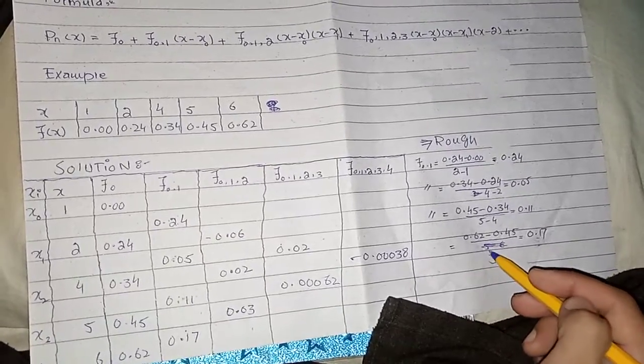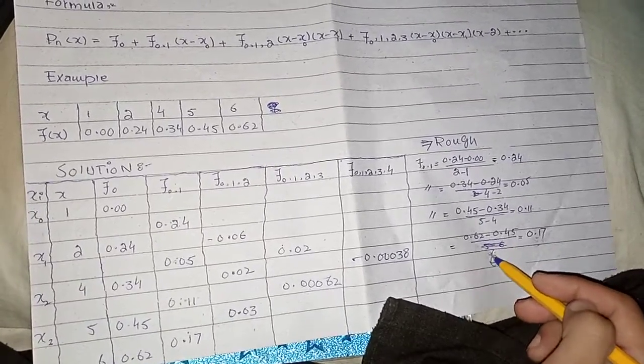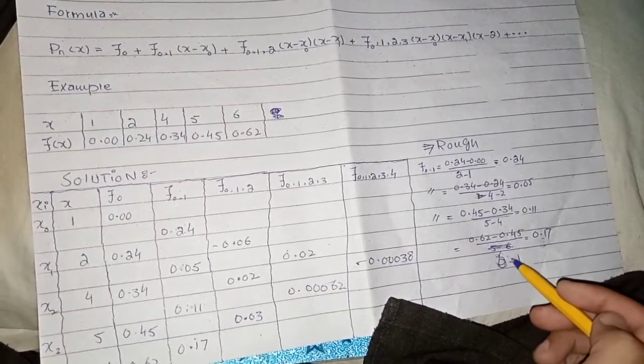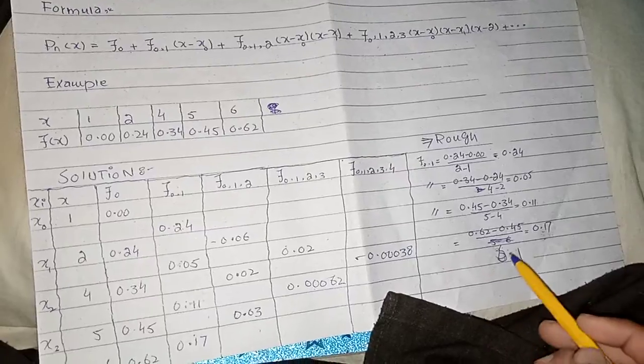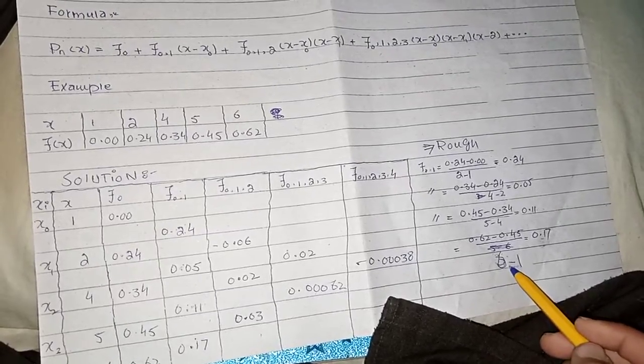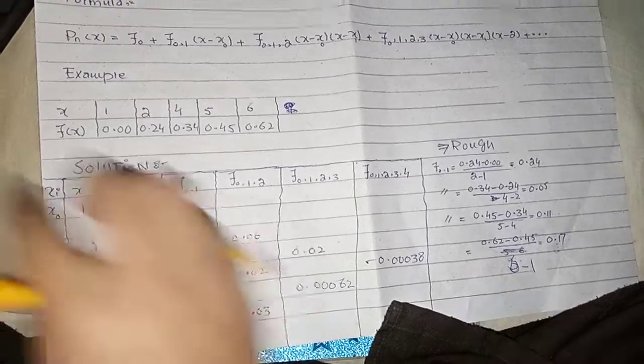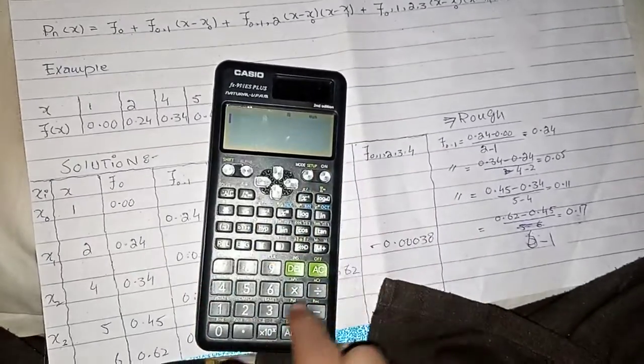So divided by 1. To write something on camera is a little bit difficult. I think there's a little bit of a mistake in this.